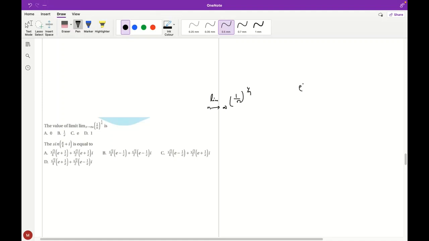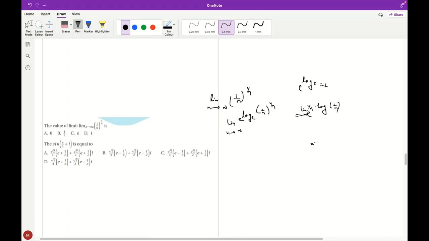We know that e to the power log a is equal to a. So we can write this as e to the power log of (1 by n) to the power 1 by n, limit n tending to infinity, which is equal to e to the power (1 by n) log (1 by n), limit n tending to infinity.